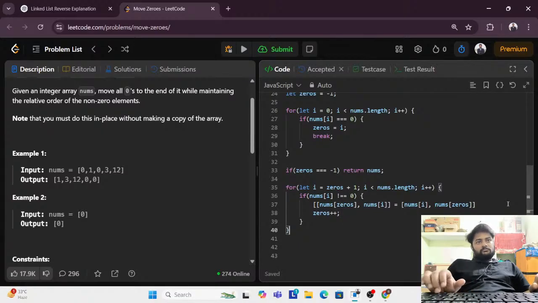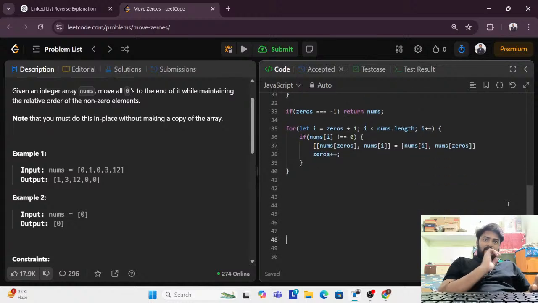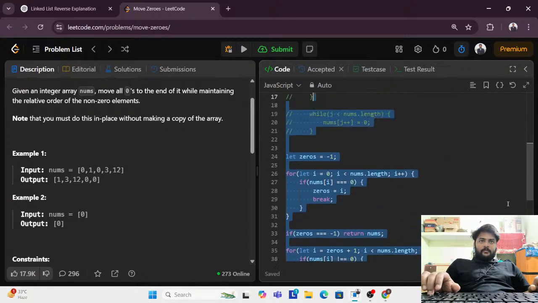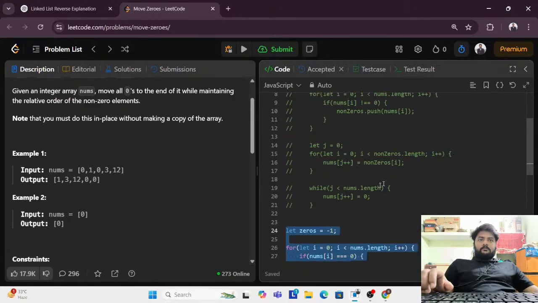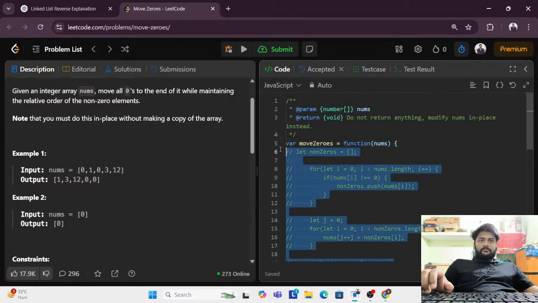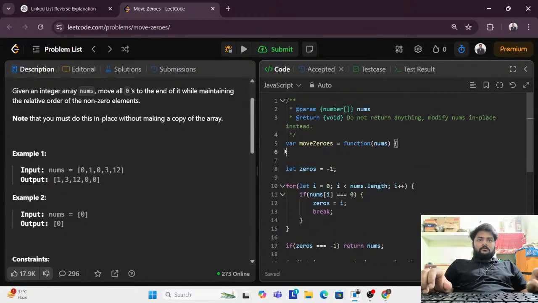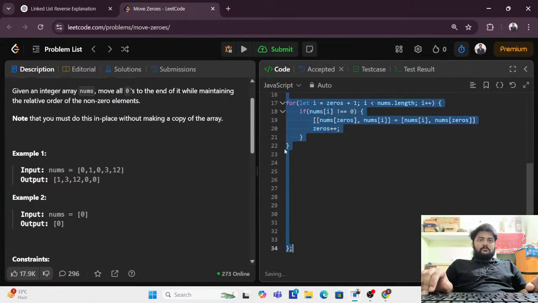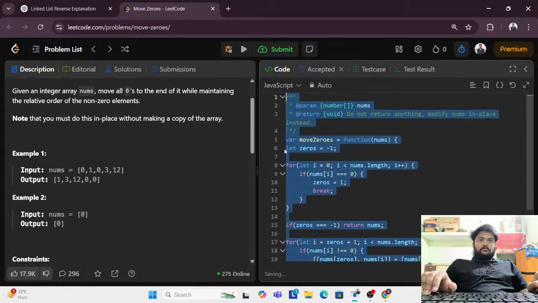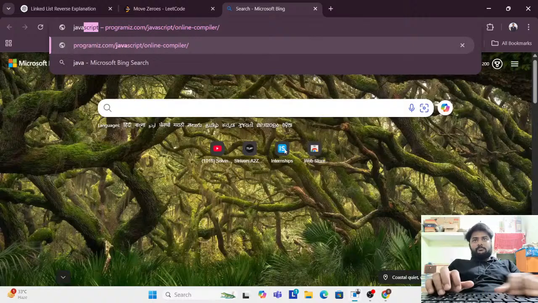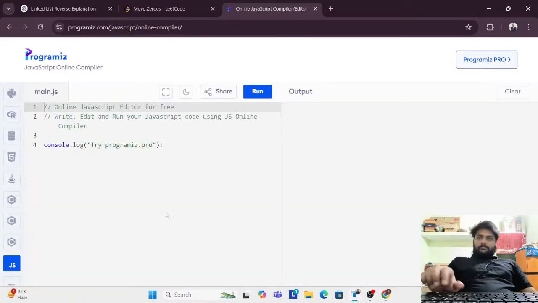Okay, so just read the solution. Let's go to the file and try debugging here.